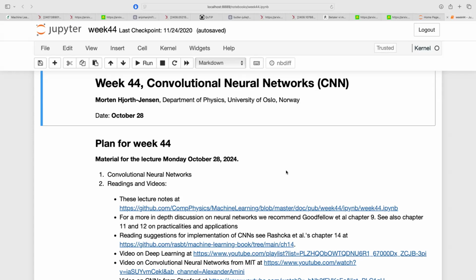One of the most important ones is, let's say, medical analysis of scans of patients, where convolutional neural networks play a really important role. This is going to be the topic today and also partly next week.